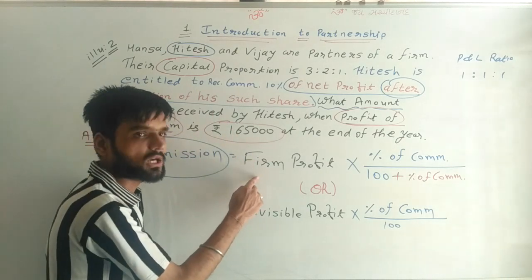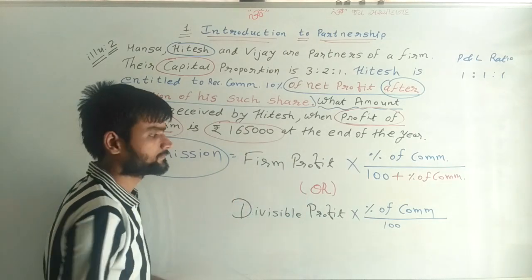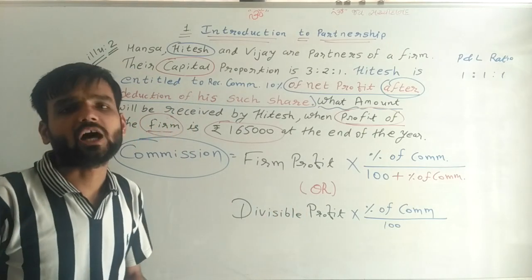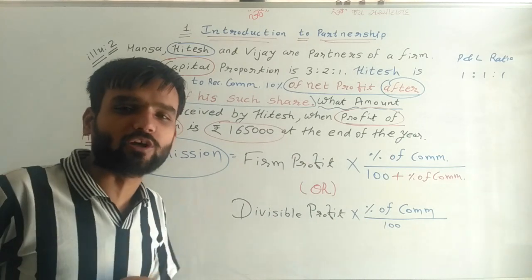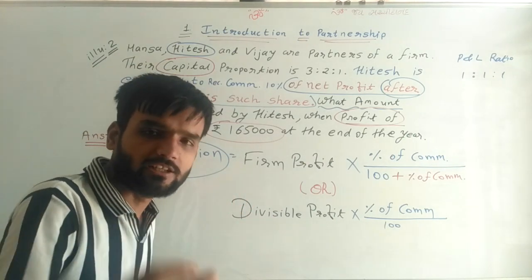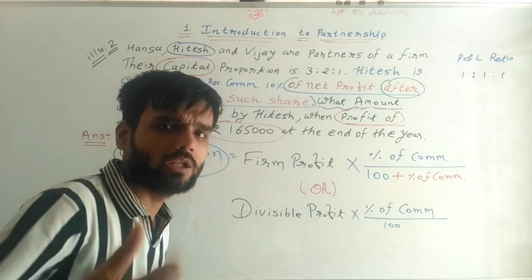So here the first formula, the profit of the firm. Here it is written firm's profit. And second is divisible profit. Now we don't know the firm's profit and divisible profit concepts yet. This also we will discuss later in this lecture.